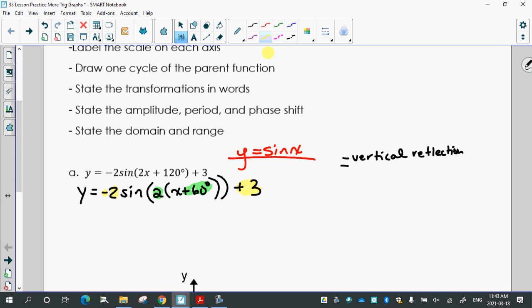And then vertical stretch by a factor of 2. And then the next 2 is a horizontal compression by a factor of 1/2.